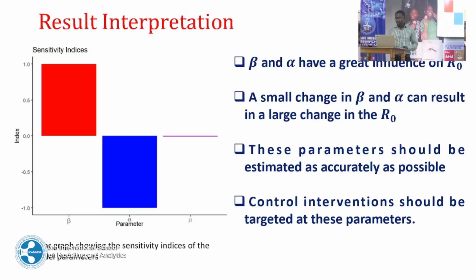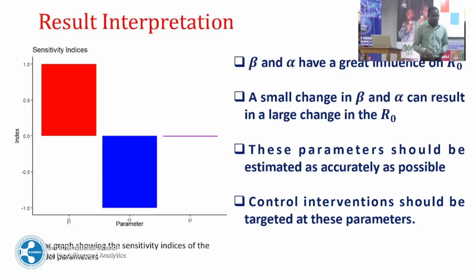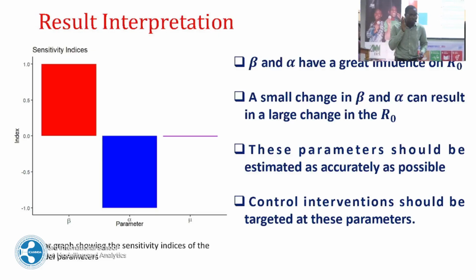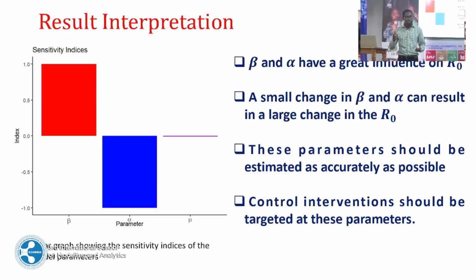So let's see the result interpretation. For the sensitivity index, if the value is close to 1, it means that our R naught is very sensitive.